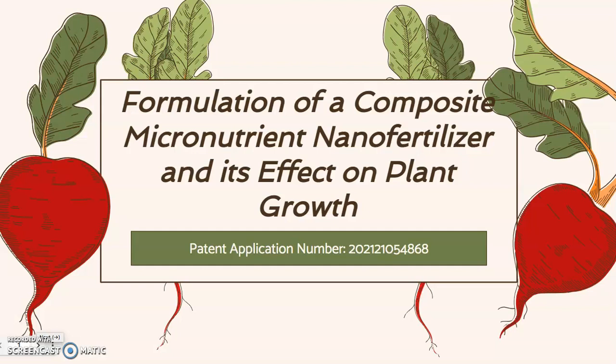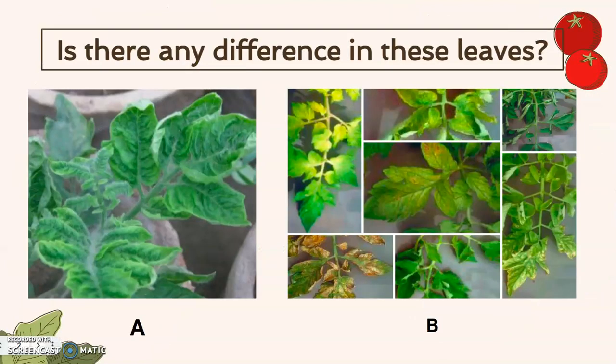Today, I'm going to talk about our patent application, that is formulation of a composite micronutrient nanofertilizer, and what could be the effects on plant growth of this nanofertilizer. So looking at these two pictures, A and B, can you really figure out what is the difference in these leaves?